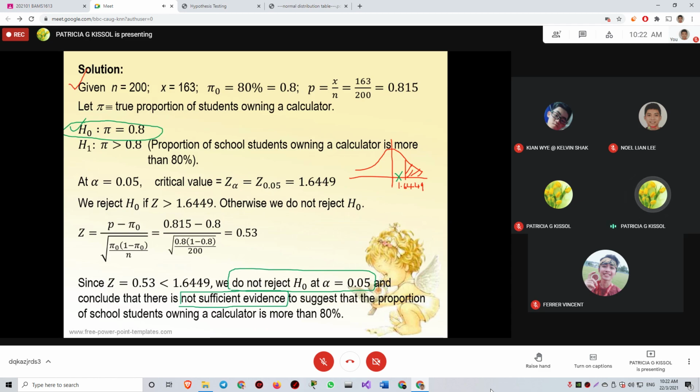Remember, in the first few slides when we started chapter 6 on hypothesis testing, I did show one slide stating that you would use the words not sufficient evidence, because we basically do not reject the null hypothesis. We agree with the null hypothesis. And we say there is no evidence to claim that students owning a calculator is more than 80%.